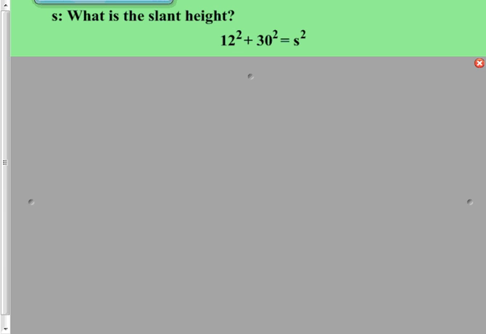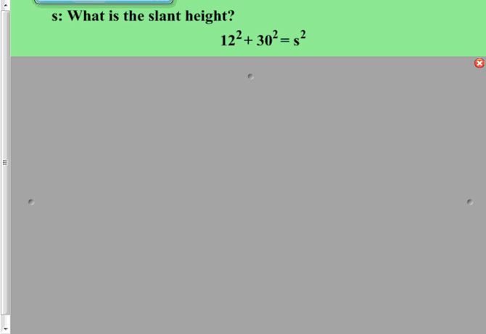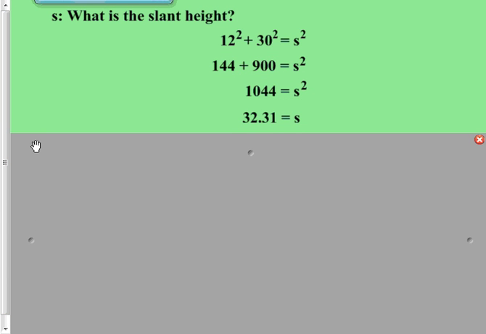Where'd we get the 12 from? Well, 12 would be halfway across the pyramid. So your radius would be 12, your height is 30. Those are the two legs of the triangle, 12 and 30. So plugging them in, solving the Pythagorean theorem, we get the square root of 1044. That is in the ballpark of 32.31.